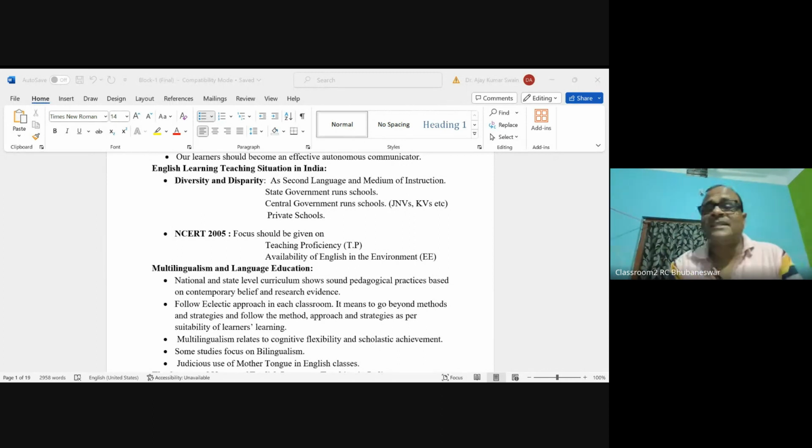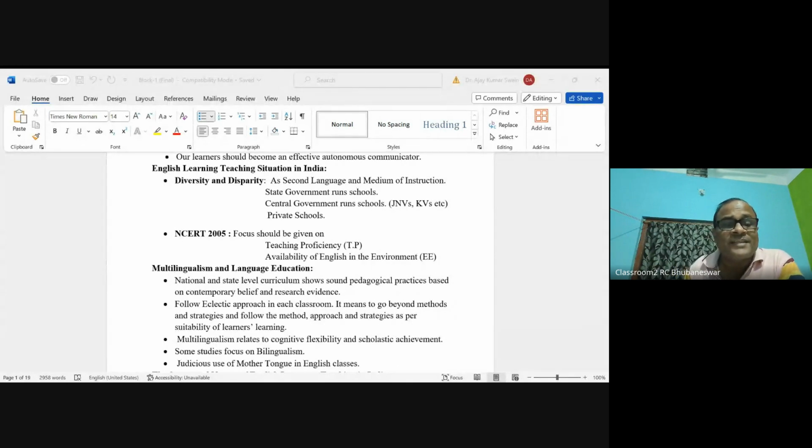As per their ability, as per their necessity, a variety of activities, techniques, methods and approaches are used simultaneously. Whichever technique the child understands with, I will use that for that child. My objective is to achieve the learning outcome by all the students of the class. Okay. So that is the eclectic approach.